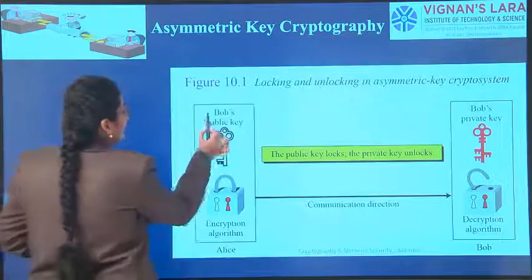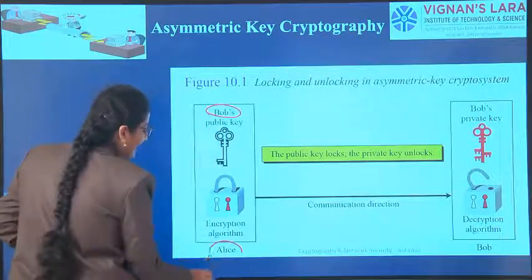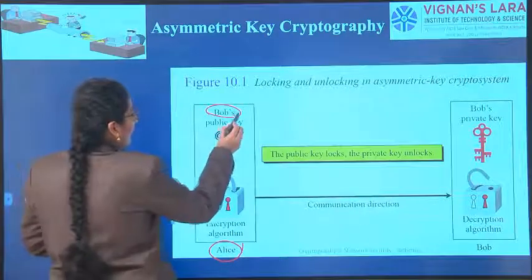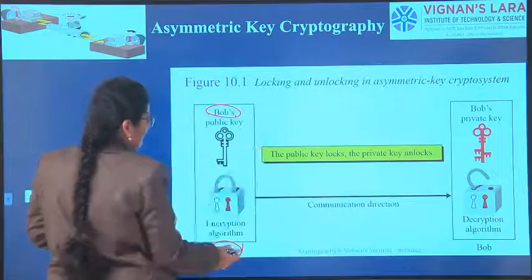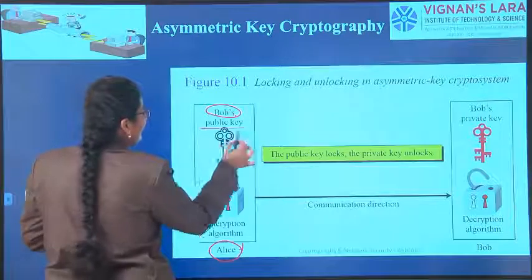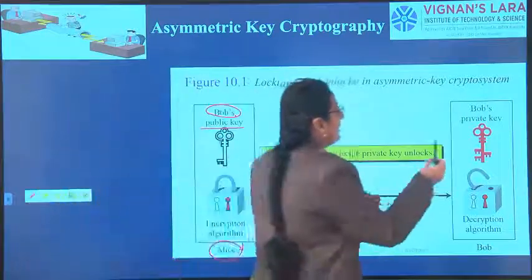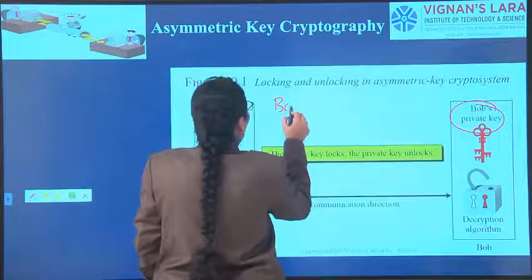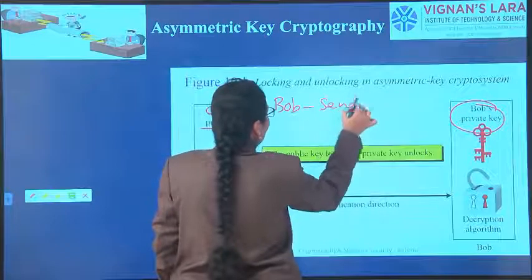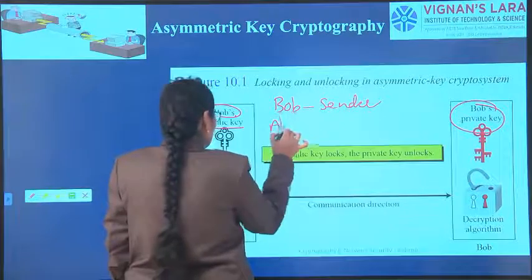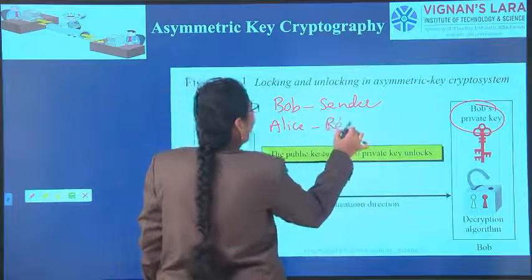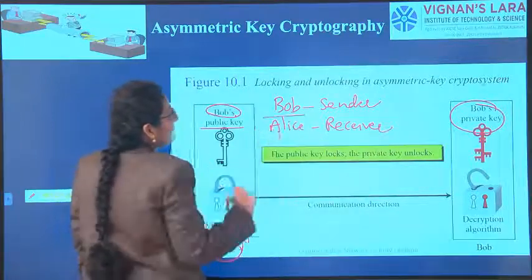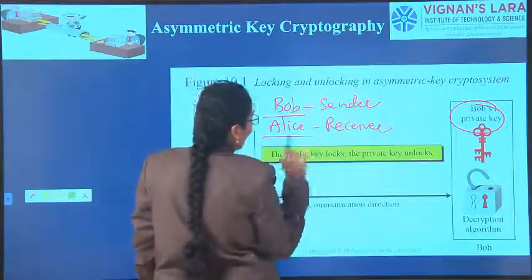Bob is a human being, and Alice is also a human being. Bob wants to send some message to Alice. For encryption they use public key. For decryption they use Bob's private key only. So Bob is the sender and Alice is the receiver.